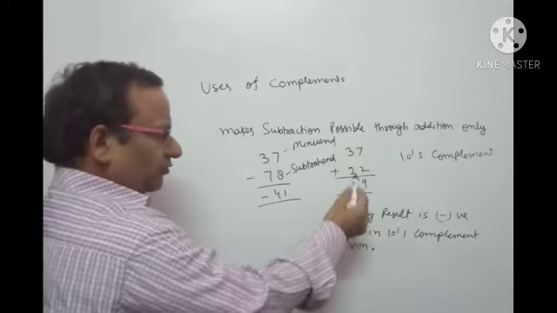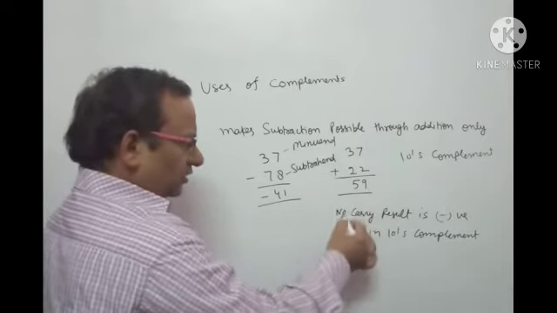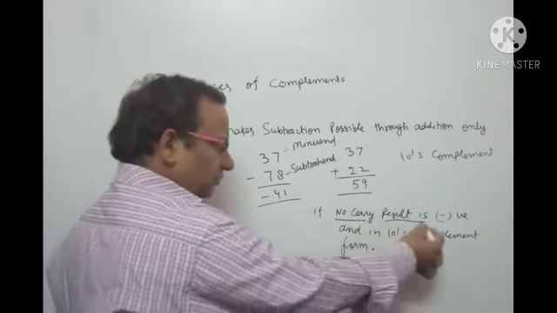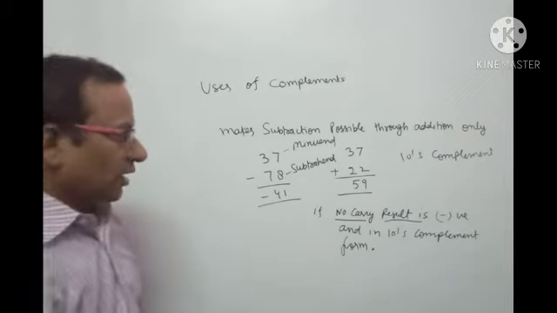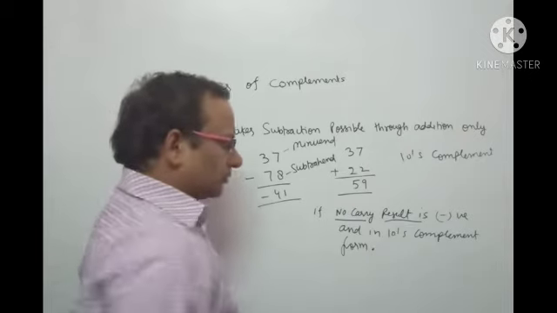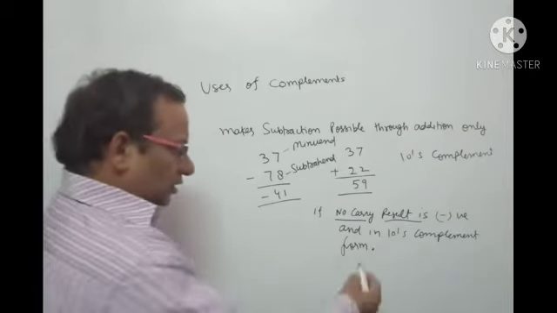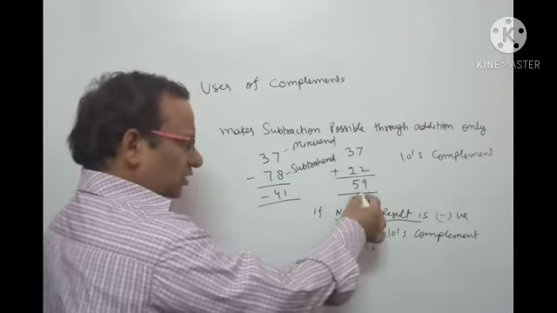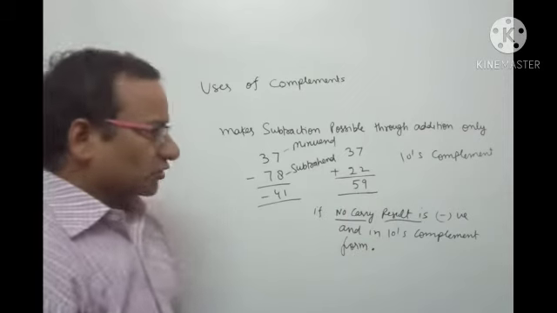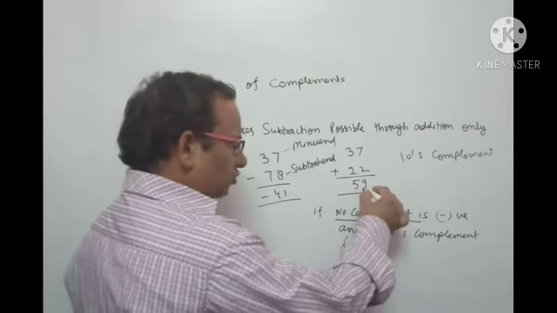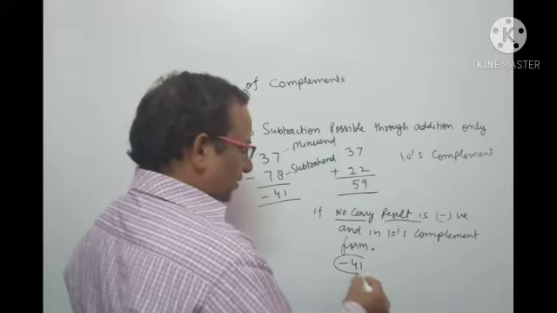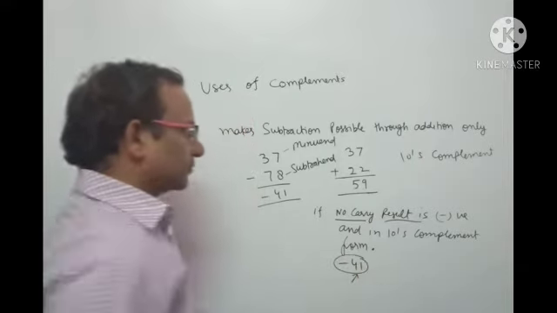That will become 59. Here no carry is generated. If no carry, then the meaning is the result is negative and is in tens complement form. So to actually locate the value, we need to take its tens complement and place a negative sign over it. So the tens complement of 59 will be 41 and the answer is negative, so it is minus 41.